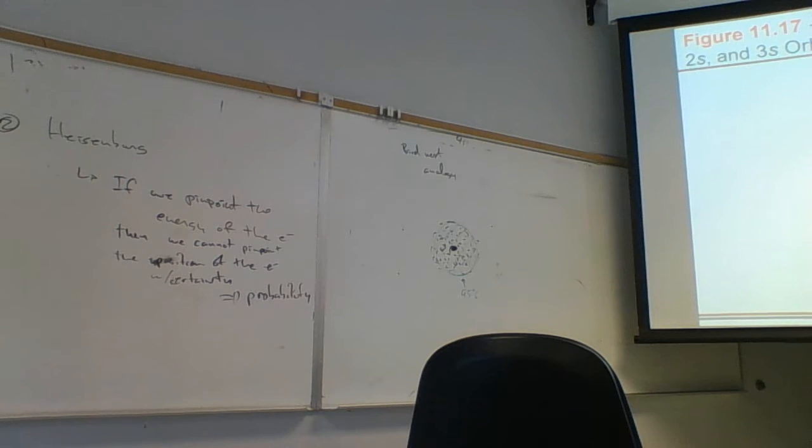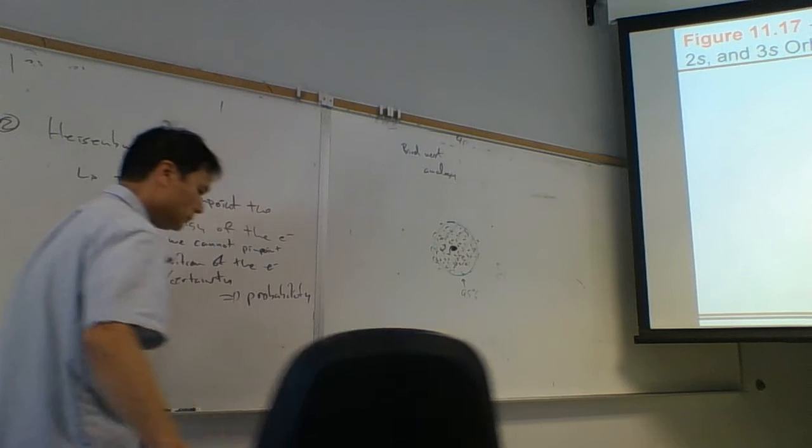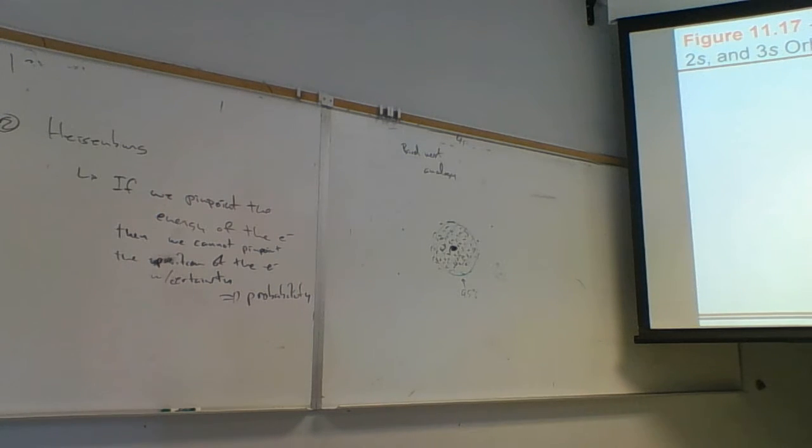In fact, these two, number 2, plus Bohr's original idea led to the modern day theory, which is quantum mechanics. This is the modern day theory of chemistry. Quantum mechanics deals with these things called orbitals.